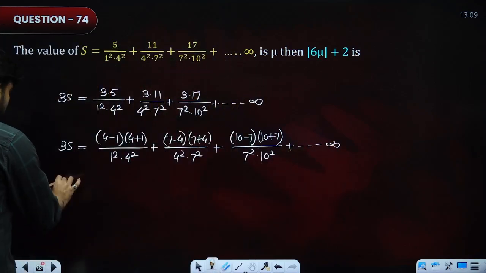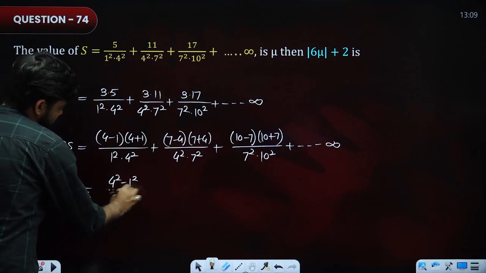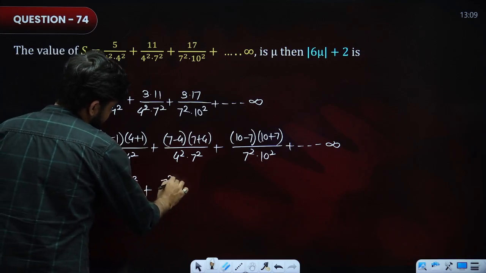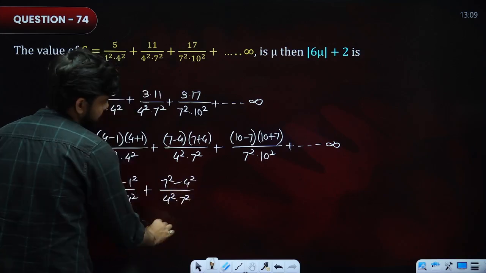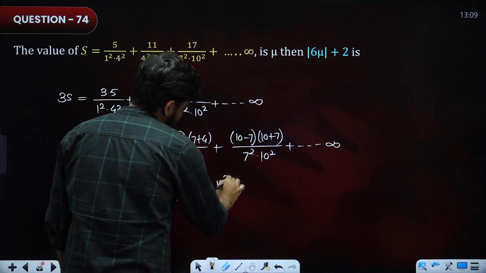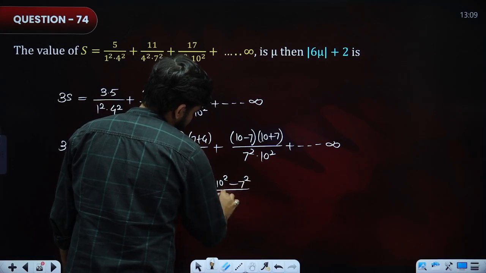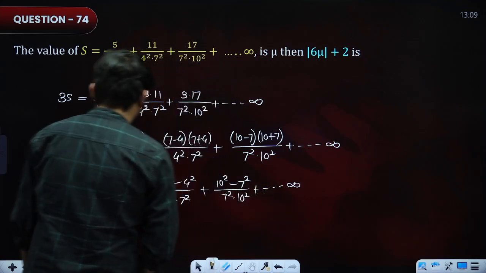Okay, that's how we can write it. 3S equals 4 square minus 1 square upon 1 square into 4 square. Similarly, 7 square minus 4 square upon 4 square into 7 square, plus 10 square minus 7 square upon 7 square into 10 square, till infinite.